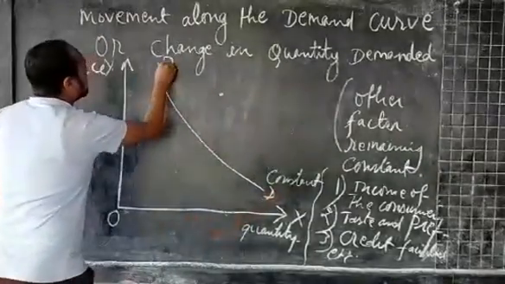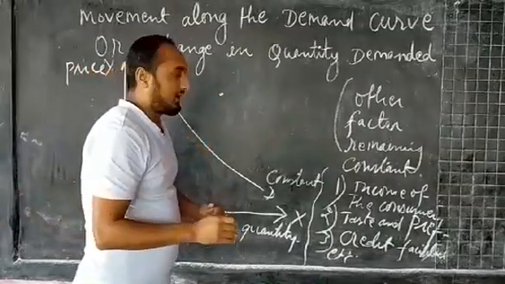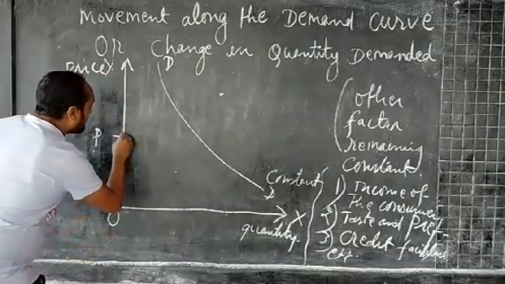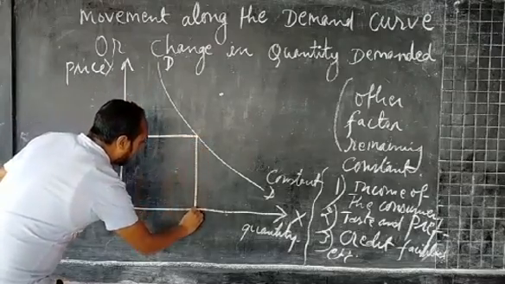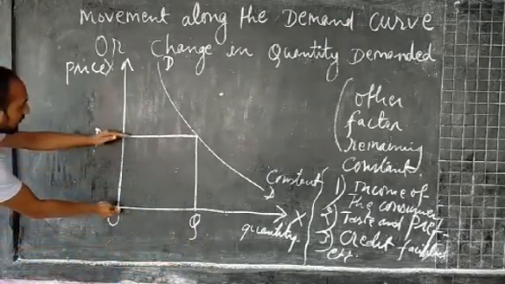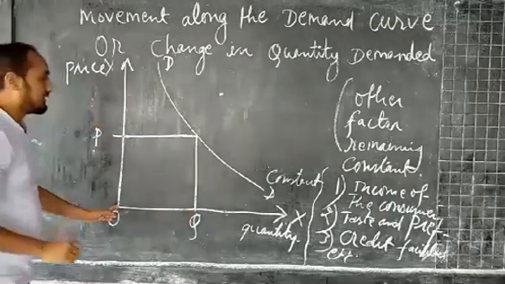Now we know the shape of the demand curve is downward sloping. So let DD be your demand curve, and we will consider one price, let's consider P as the initial price, and the initial quantity is, say, Q. So here OP is the initial price and OQ is the initial quantity.